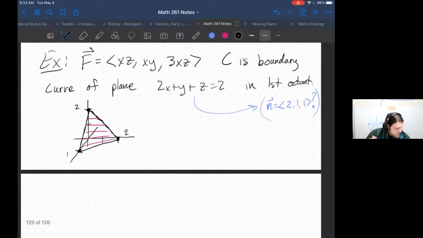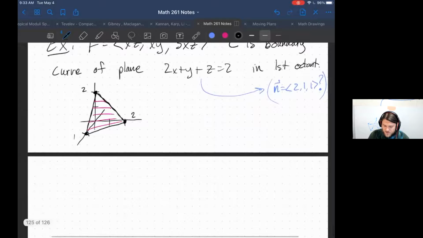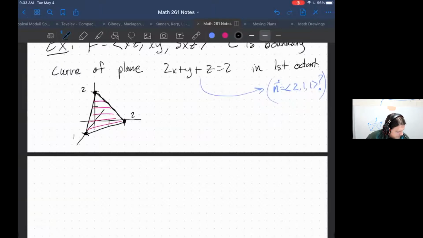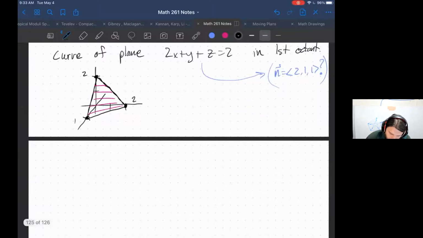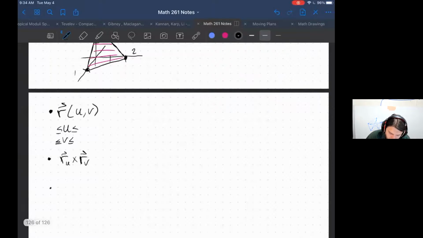Okay, so what I want you all to do, and I'll chime in here in 3 or 4-minute intervals: we need to find R of u, v, with bounds on u and v. We need to find R_u cross R_v. We need to find the curl vector in terms of our parameterization.